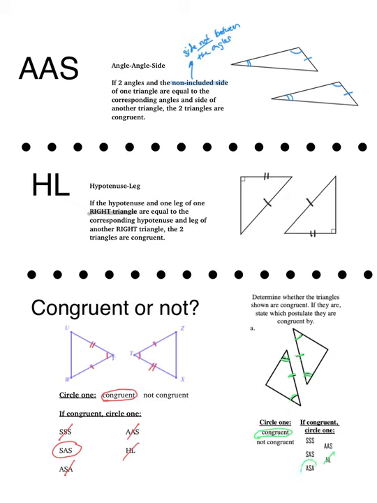And it's by angle, side, angle. Because we didn't have 3 sides, and we had 2 angles. And this time, the side was between the 2 angles. You call it by the congruent parts. Angle, side, angle. Nothing fancy there. Let's go to page 4.